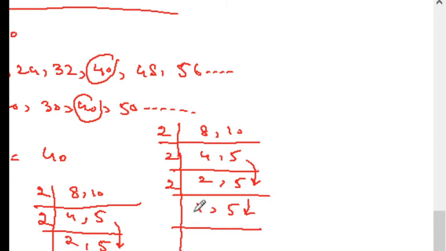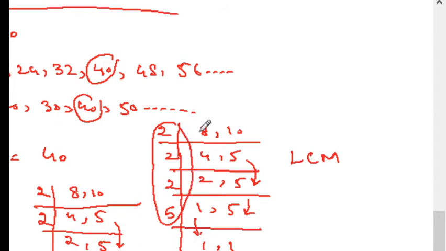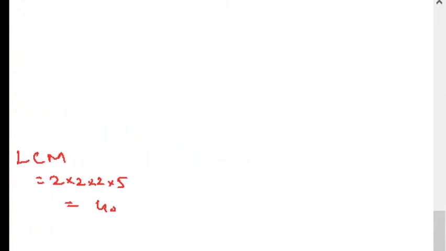Now 5 is there, this is coming as it is, 1, and 5 ones are 5. What is the LCM now? LCM is 2 into 2 into 2 into 5, which is 40. Now this is up to you, whether you use the multiple method or this division method.